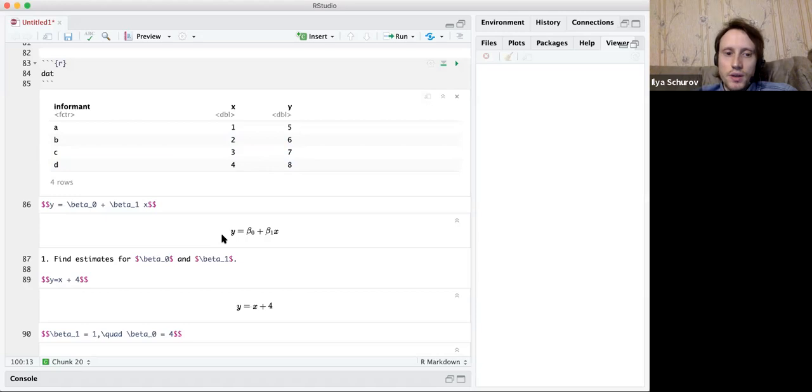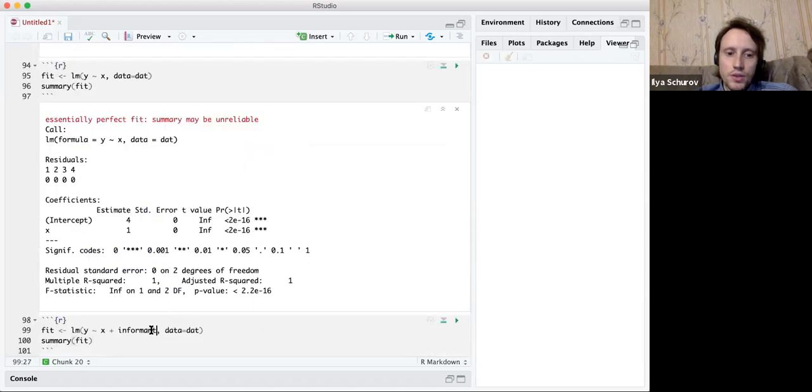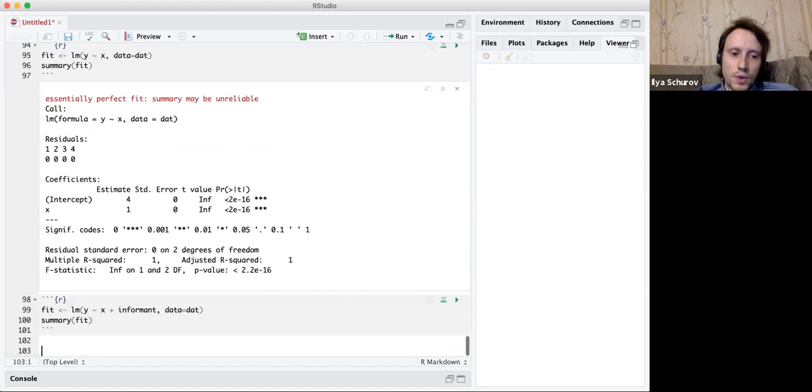What can you say now if I include this informant in this model? Basically, I will include 3 dummy variables that correspond to different informants. What do you think we will see with this model?